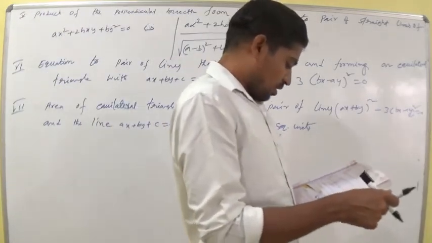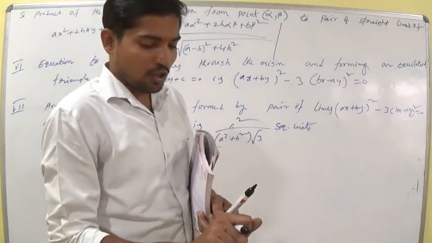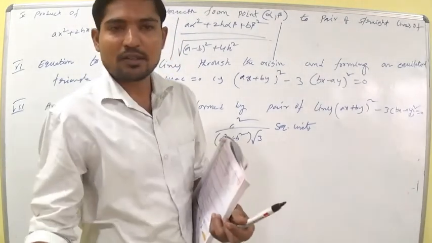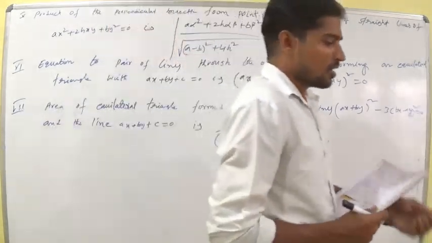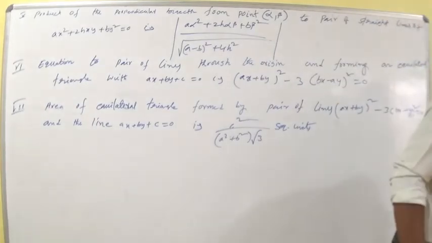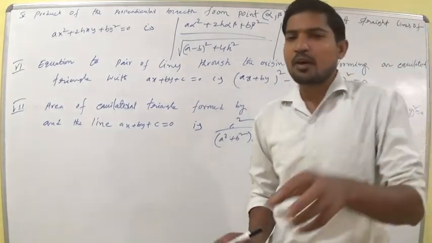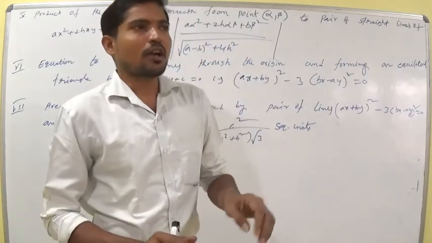Right? Now we are going to solve the problems on this concept. Here we discussed S equal to 0 represents a pair of straight lines. Two conditions are there.